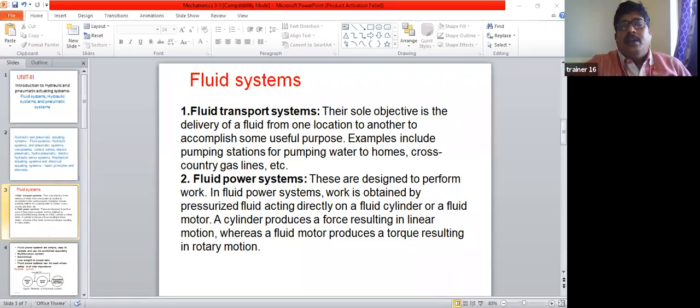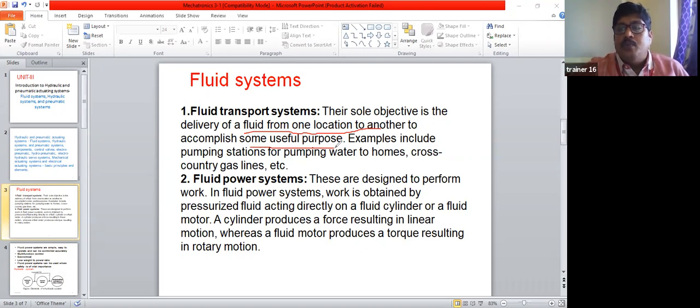And then if you come to fluid systems, two types are there. Fluid transportation systems move fluid from one location to another to accomplish some useful purposes. Fluid means it may be a liquid or a gas.